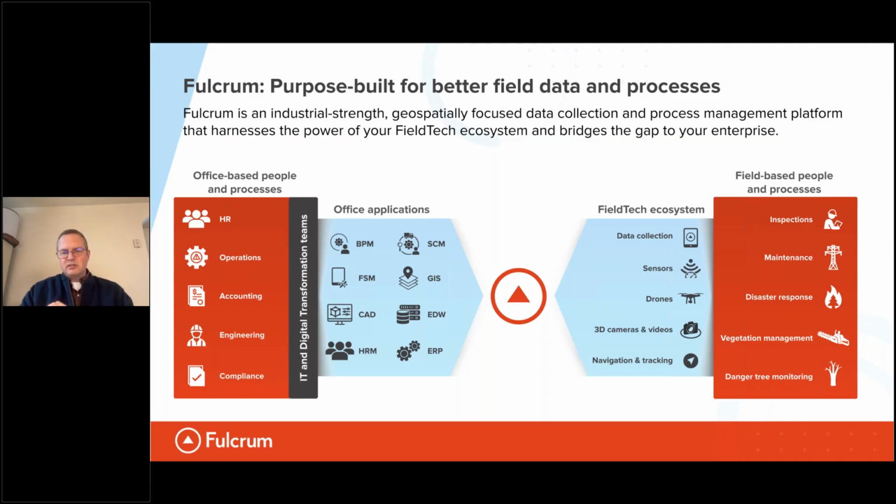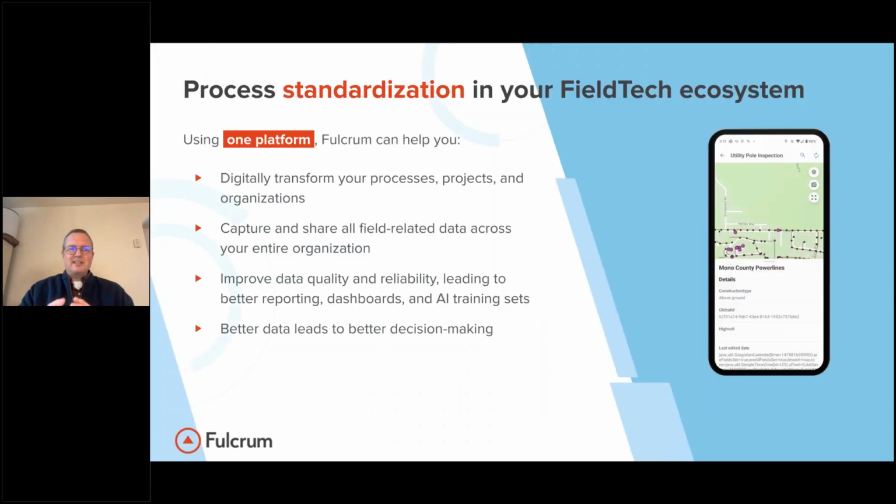One of the things we get called on to do very frequently is help take the data that we've got in the field and apply it to other processes in engineering or operations or other scenarios, HR even, just tracking time people were working on things of that sort. We do that by standardizing processes in your field tech ecosystem.